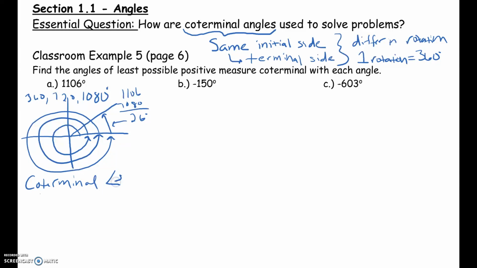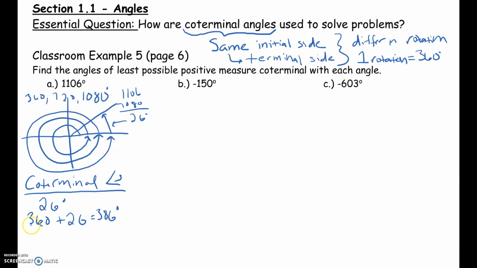Coterminal angles. Let's just list the ones that are in the diagram. First I have 26 degrees, that's the smallest. The next one would be 360 plus 26, that one is 386.